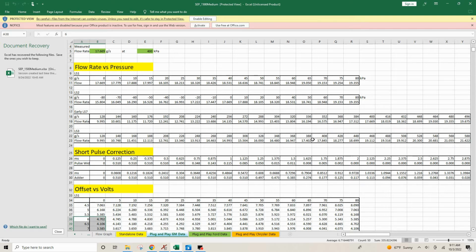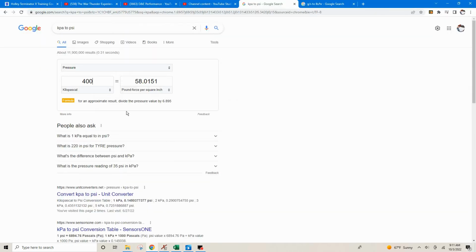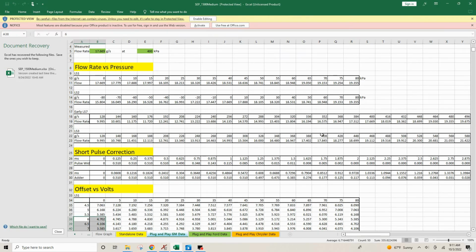So 388, we know, is going to be way below this 408, so we can type in 408. We'll just add an 8 here and see where that is. That's going to be pretty close to what we're running on the line pressure. So that's what we're going to do. We're going to run this 408.